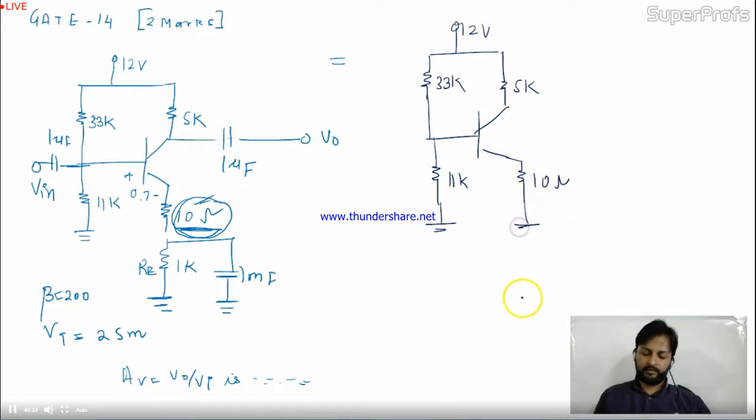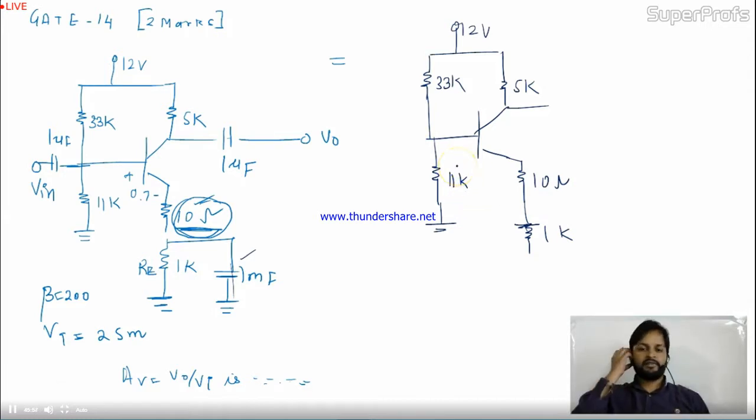The remaining RE will be grounded, because we make the capacitor an open circuit, RE will be there in the circuit. It is 1K. The capacitors are removed. This is the circuit.